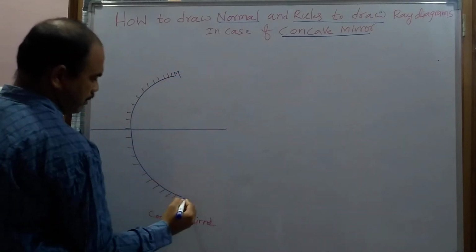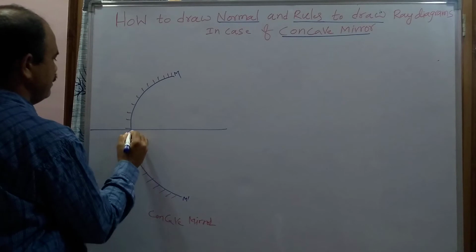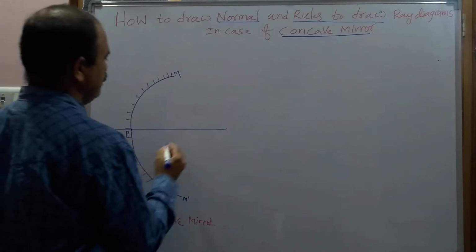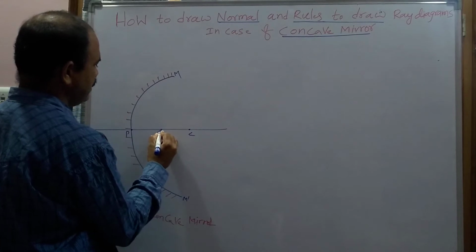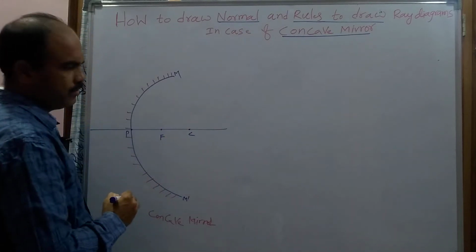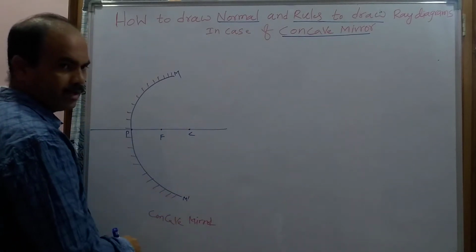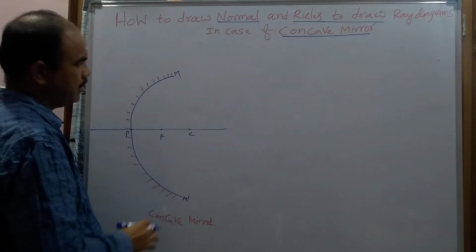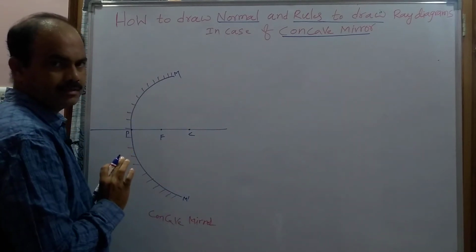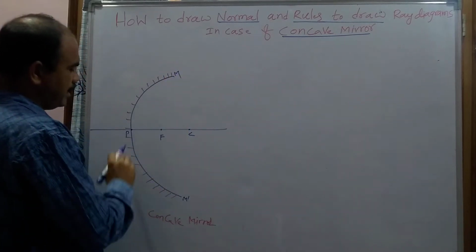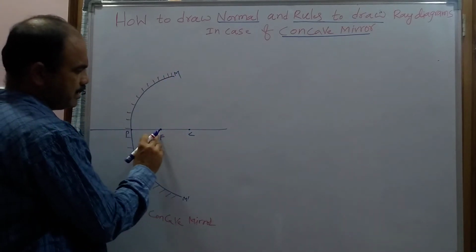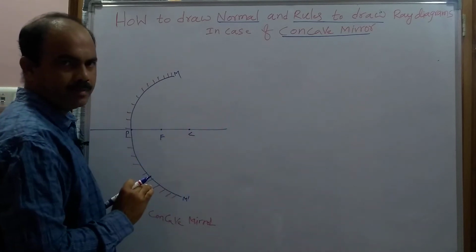It has the aperture, pole, center of curvature, as well as the focus. So when you represent a concave mirror, you have to represent all these things: its aperture, pole, center of curvature, focus, as well as the principal axis.